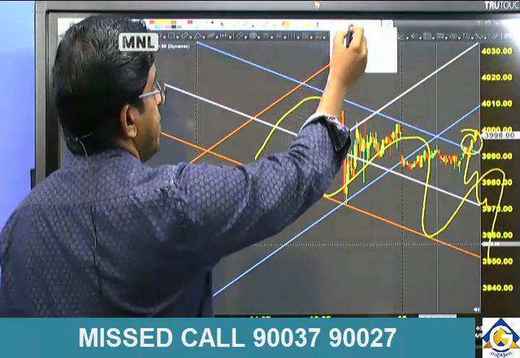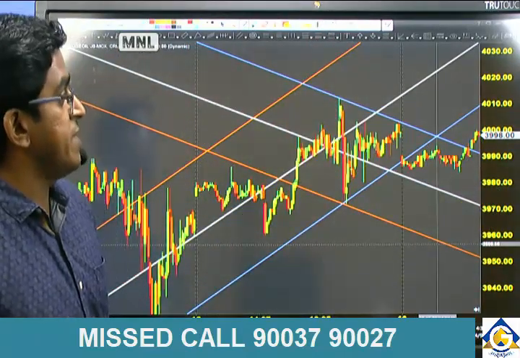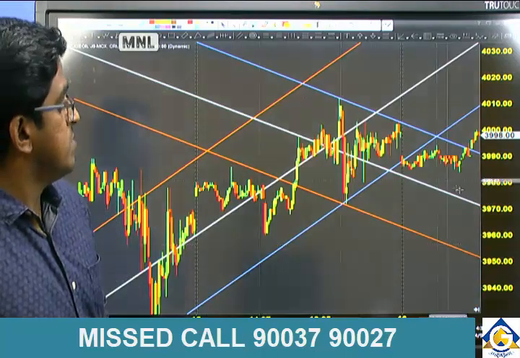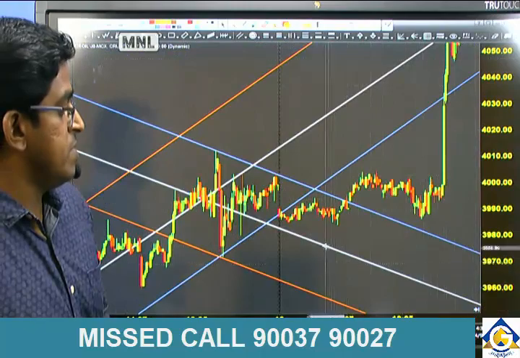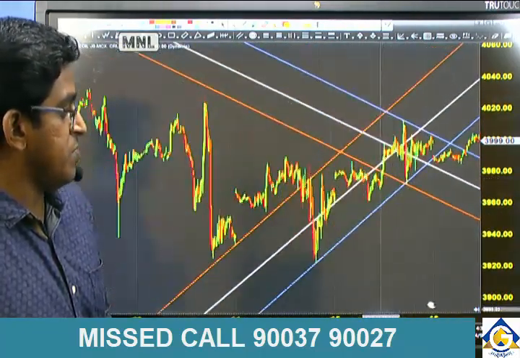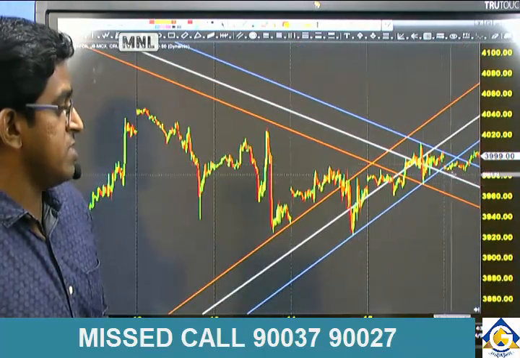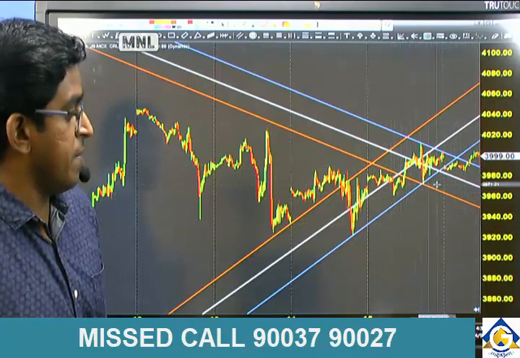So we had identified the path. The only thing is we need to position ourselves in the right area. So that's all. The price shot up. Probably we should spend some time drawing more trend channels. That would have easily guided us in this area.